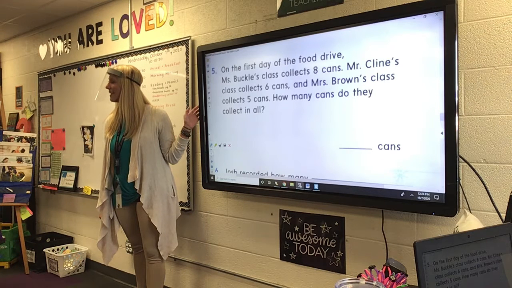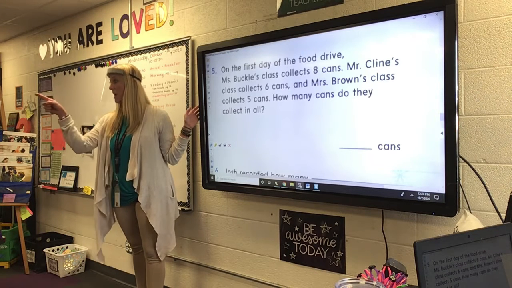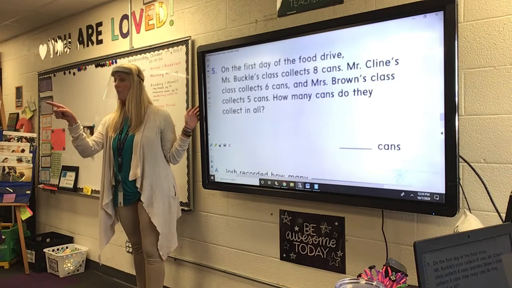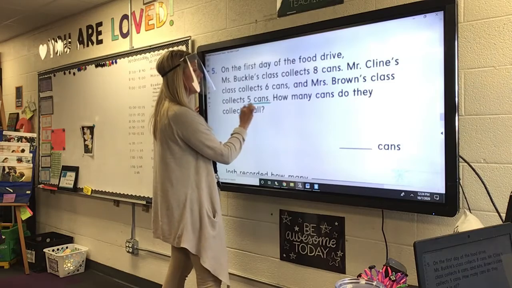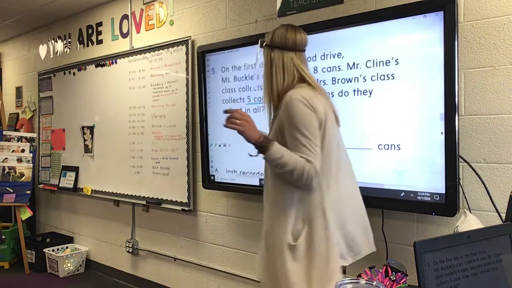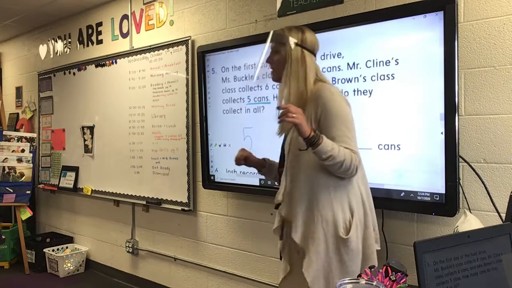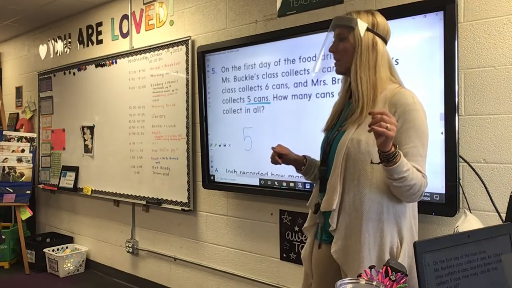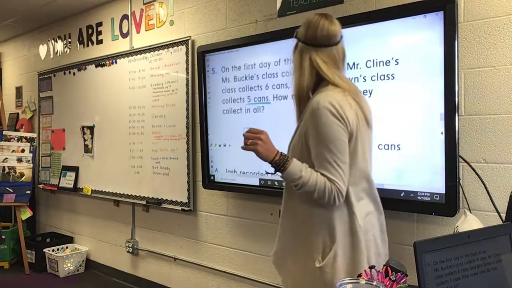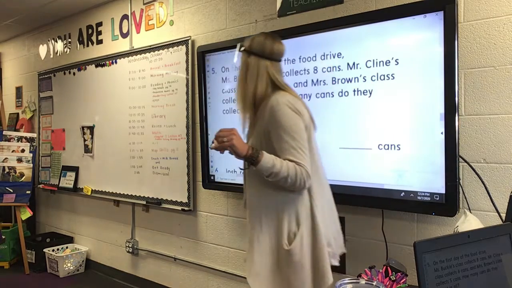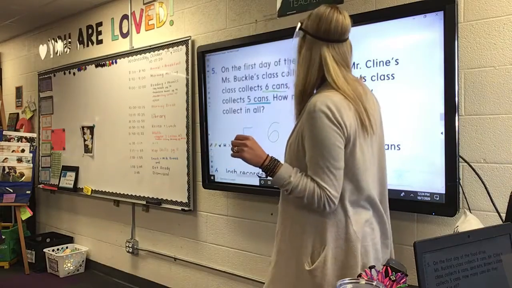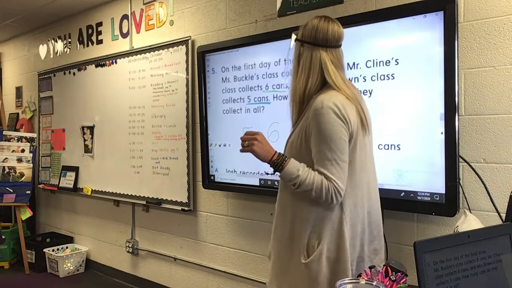Ellie, what do you think we need to underline? Ingrid, help her out. Okay, 5. What else do we need to underline, Ingrid? And Mrs. Murphy's going to put a 5. What else? 6 and 8. And then an 8. That's how many cans they are collecting.